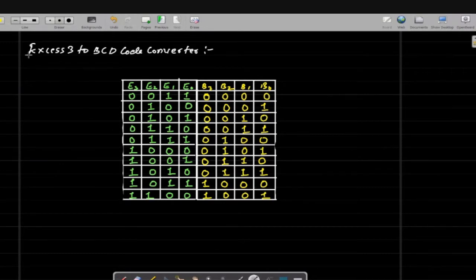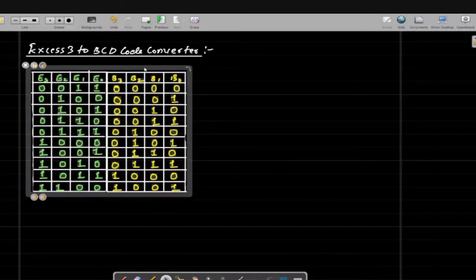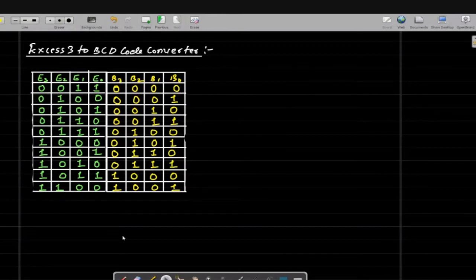Okay, so this is the topic, and to analyze this topic, we'll have this table here, in which initially we have our excess-3 code, and here we have the corresponding BCD code.